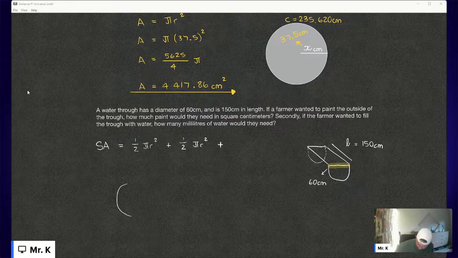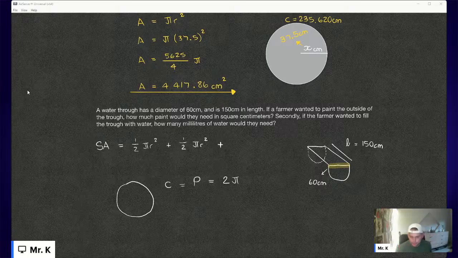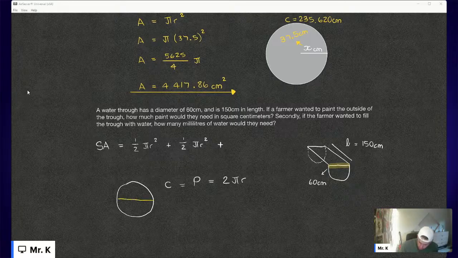If I think of a full circle, guys, how do I calculate the full circumference? Well, the circumference is equal to the perimeter of the circle. And we know that this is equal to 2 pi r.